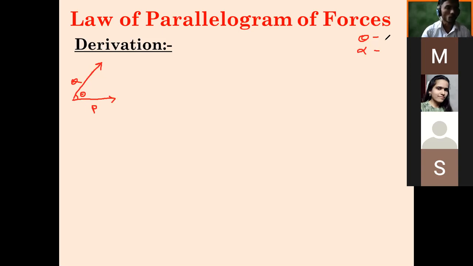So P and Q, two forces acting on a body simultaneously, are represented by these arrows P and Q. Now the law of parallelogram of forces tells us to draw parallel lines. Suppose this point is A, here is point B and here is point C. From point B we draw a line parallel to AC, and from point C we draw a line parallel to AB. It will come something like this, and here we call the point D. So line AC is parallel to BD and line AB is parallel to CD.